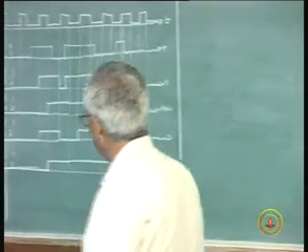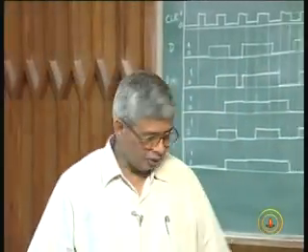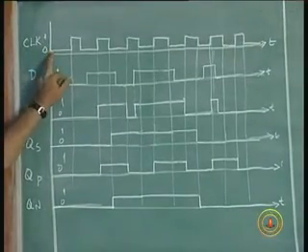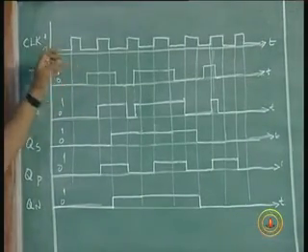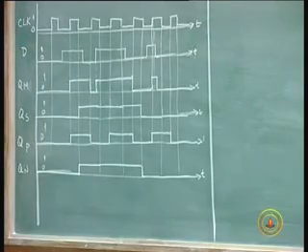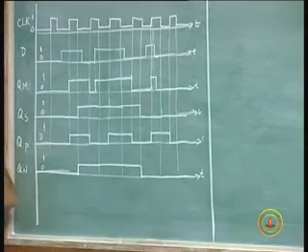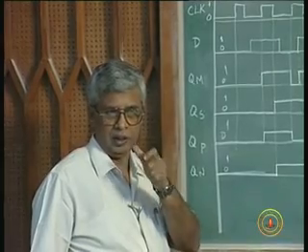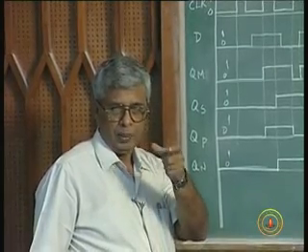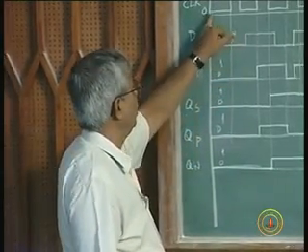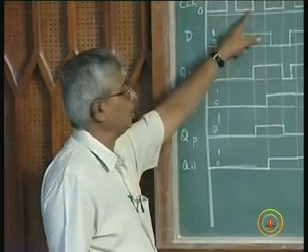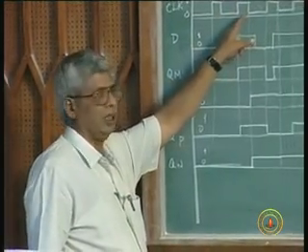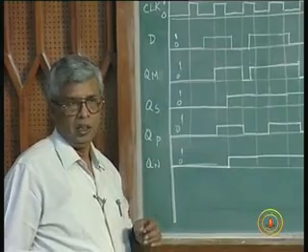Now I am assuming a waveform, a clock waveform. This is the waveform of the clock, 0 to 1 keeps going. This is the clock period. Of course in any flip-flop clock, the period from one positive edge to the next positive edge, or from one negative edge to the next negative edge, need not be uniform.